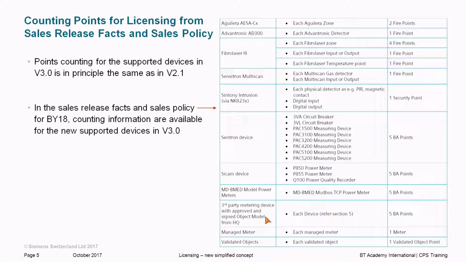Also integrating with any third-party integration, by using the headquarter object model, they are counted as 5 building automation points. Okay, and then for each managed meter, we have 1 meter point we will count, and the validated objects here. So these are the new devices basically used.